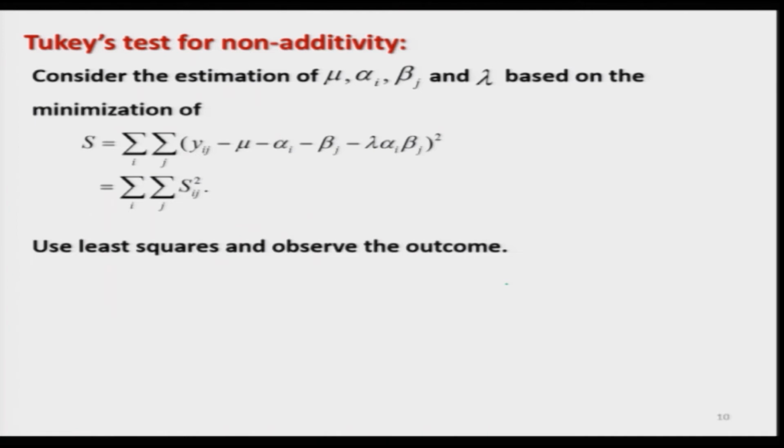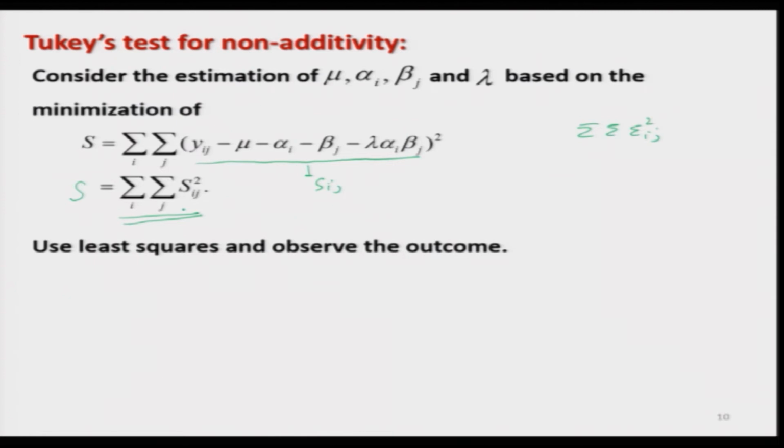I am simply forgetting for a while whatever we have obtained, and I try to obtain the least square estimates of mu, alpha i, beta j and lambda based on the least square theory, that is, we try to minimize the double summation of epsilon squared_ij, replacing epsilon_ij by y_ij minus mu minus alpha i minus beta j minus lambda times alpha i beta j, and let me write this as S_ij. So, I can express this sum of squares as S equal to the double summation of S squared_ij.